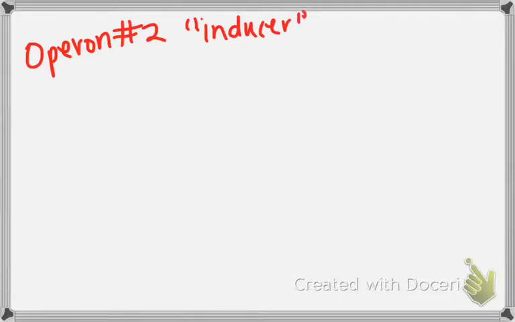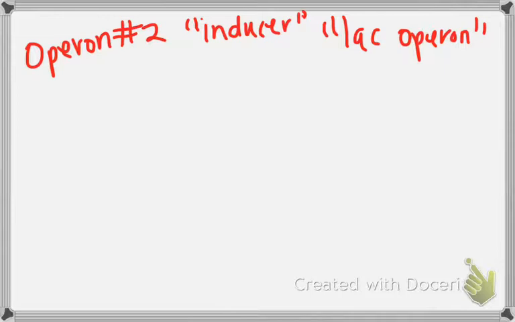Let's see how you can turn on transcription. Let's see how that works. We're going to actually use a specific one in bacteria. It is called the lac operon. That's the name of it. It's an actual real operon. It happens in bacteria all the time.